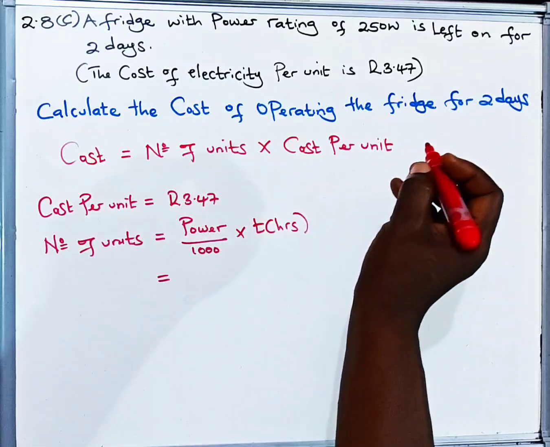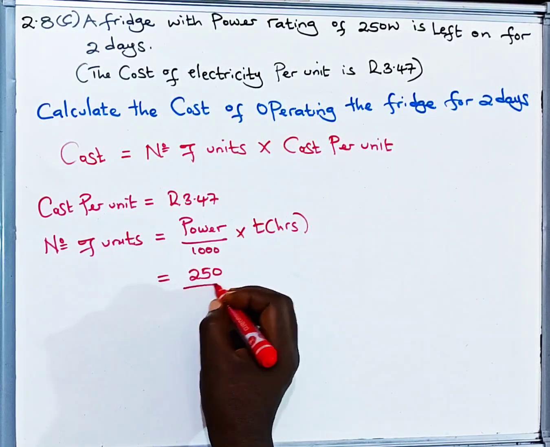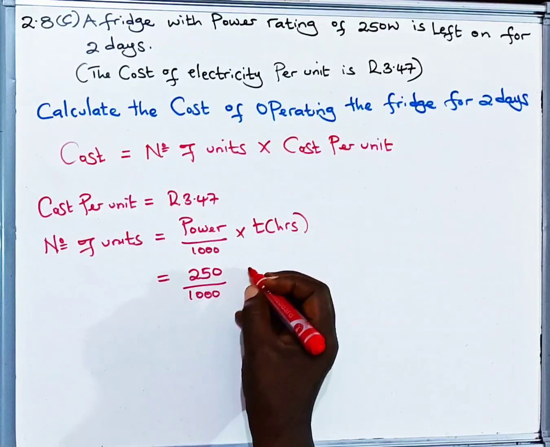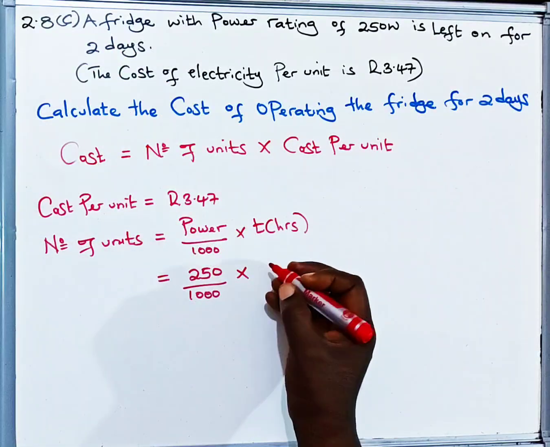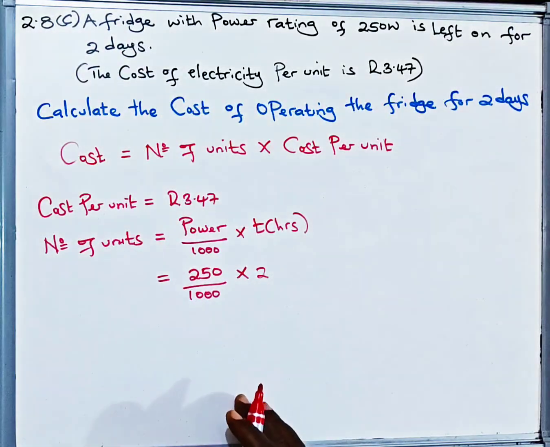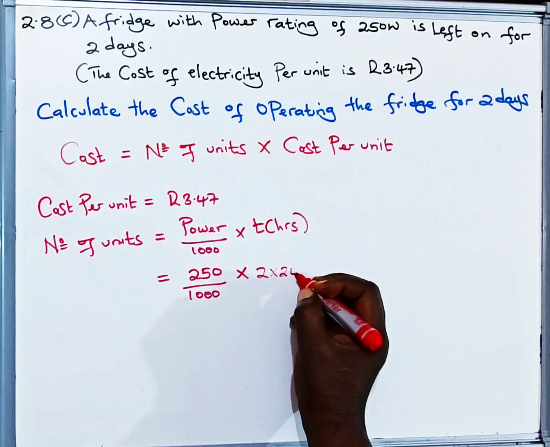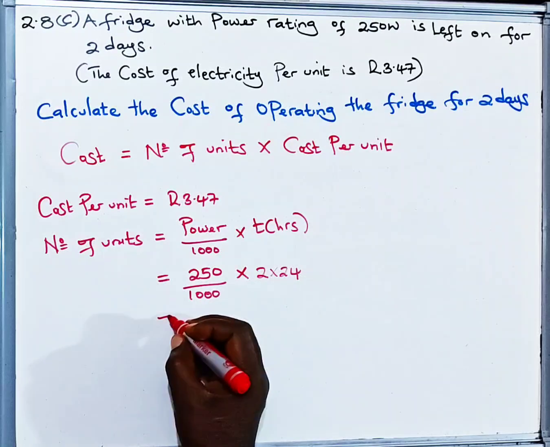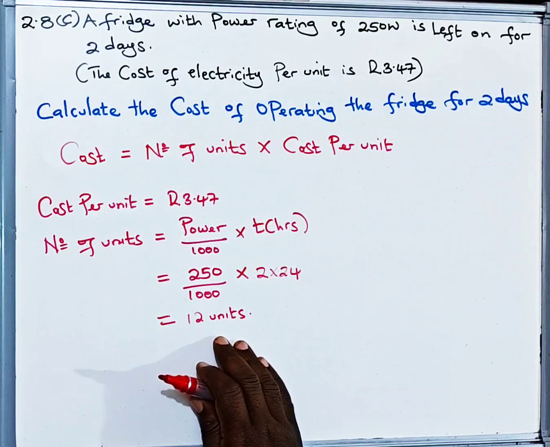Okay, so what is power? Power is 250. We divide it by 1000 times time. The time is 2 days, but each day has 24 hours, so which is times 24. So what we get here is going to be the number of units. Yeah, so giving us 12 units.